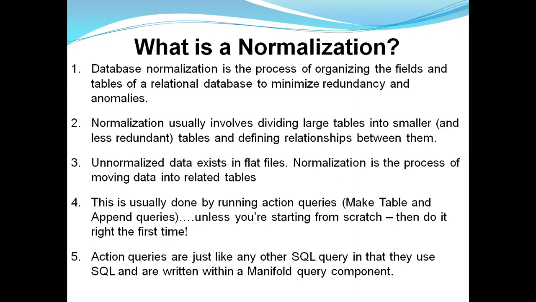Simply, why do we need normalization? Just to remove the redundancy and to avoid the anomalies. Simple. What is redundancy? When we are storing the same kind of data multiple times, it is called redundancy. Duplication is called redundancy.